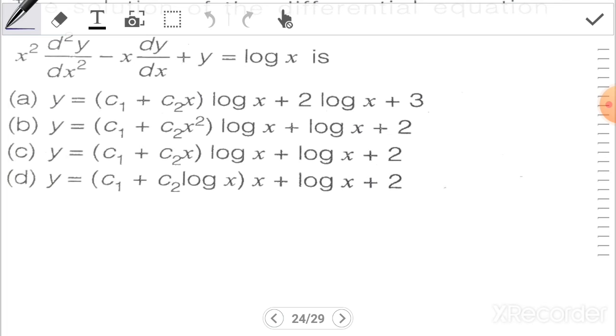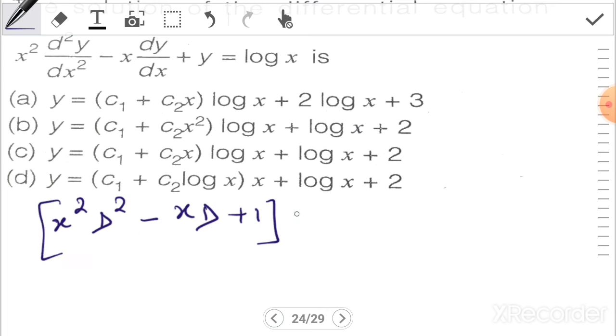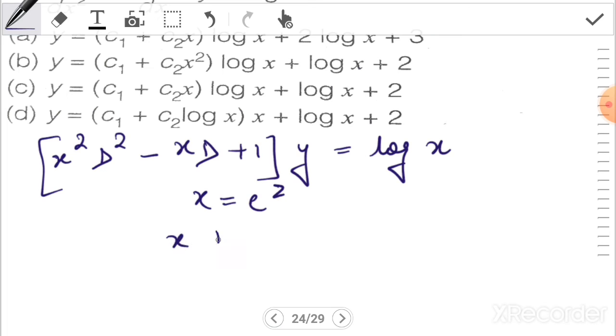Okay, so this is (x square D square minus xD plus 1) y is equal to log x. Now put x is equal to e power z, then xD is equal to theta, right? And z is equal to log x.